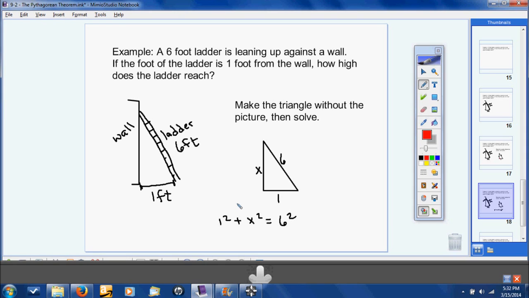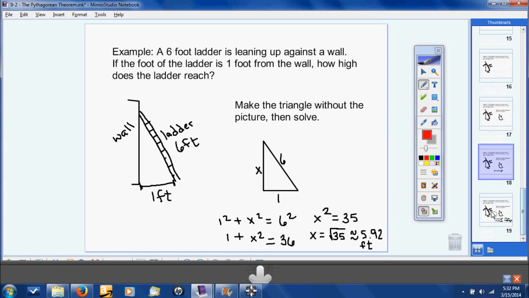Then begin to do the math. 1 plus x squared equals 36. Subtract 1 from both sides, you get 35. The factors of 35 are just 7 and 5, so you can either leave it as the square root of 35, or if you put it in your calculator, you'll get about 5.92 feet.